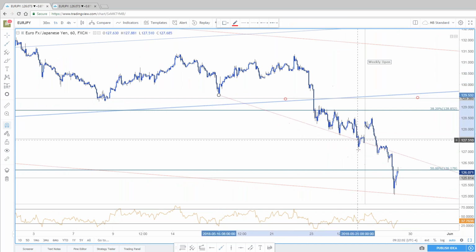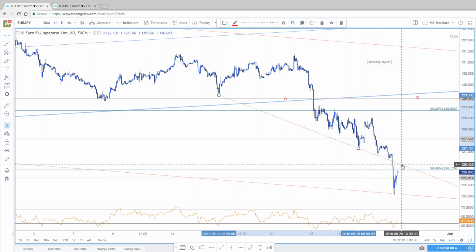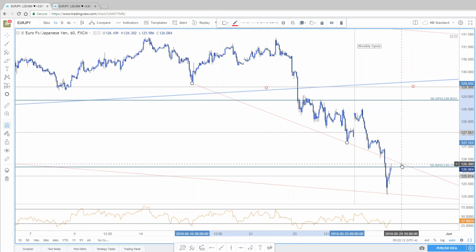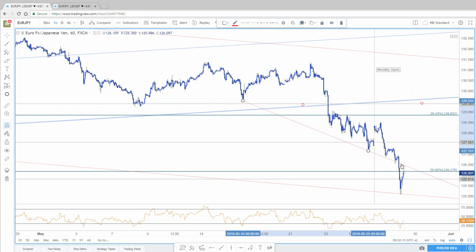So George, what are you looking at? Something like this? And you're looking at the retest? If I'm not mistaken? He says exactly. Okay. Not my favorite trend line, to be honest with you.